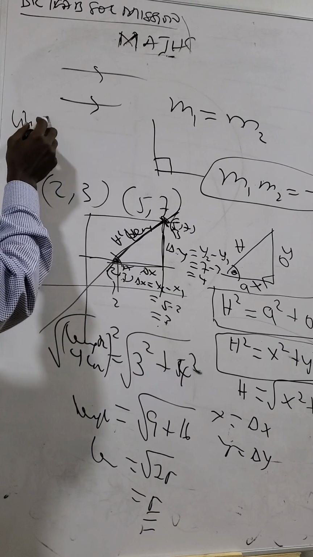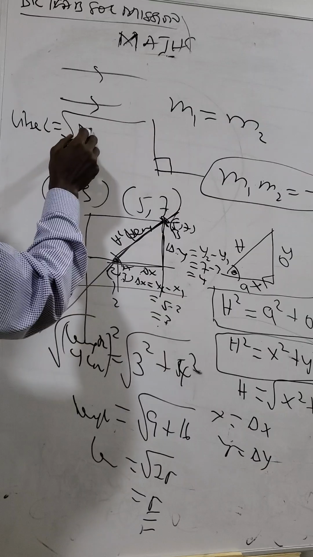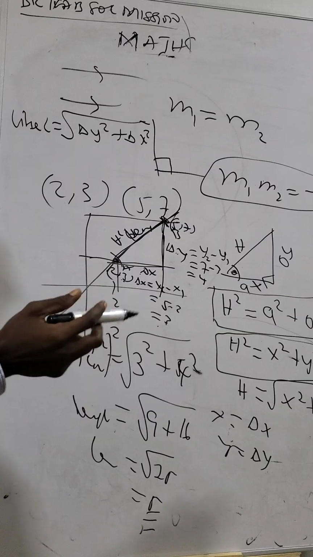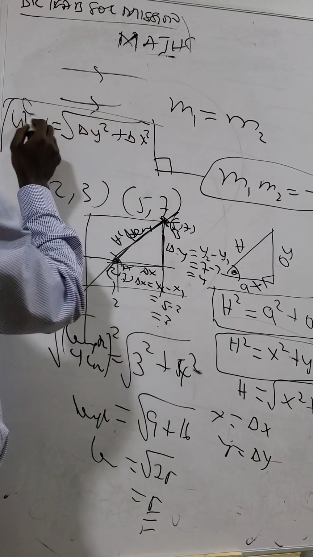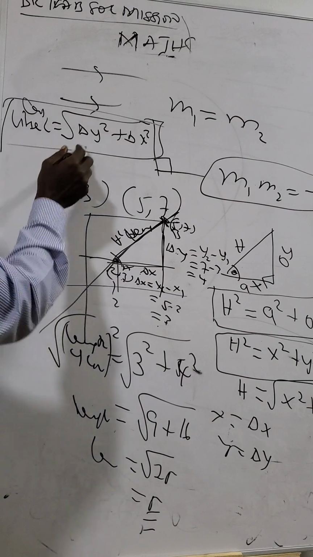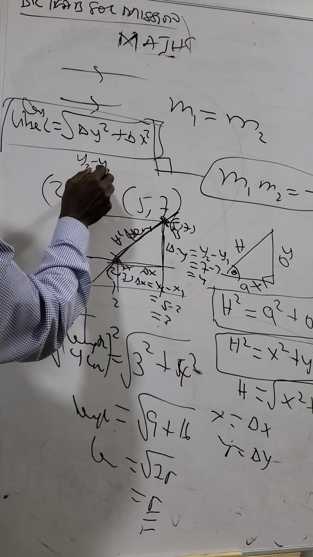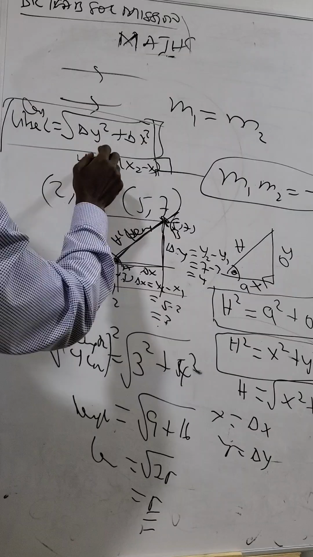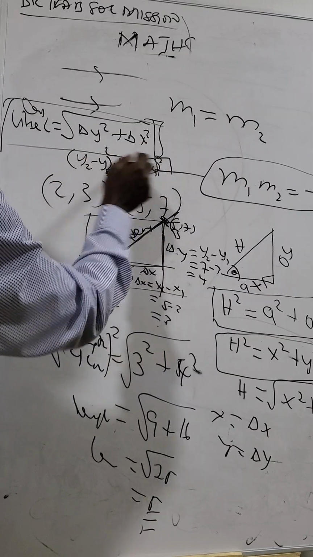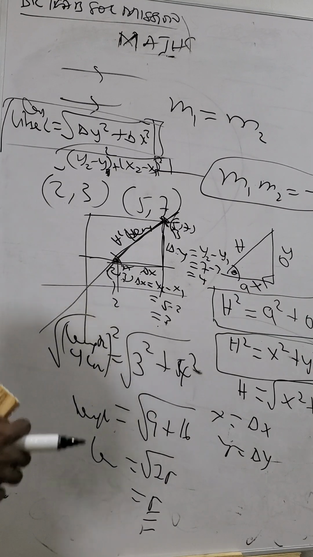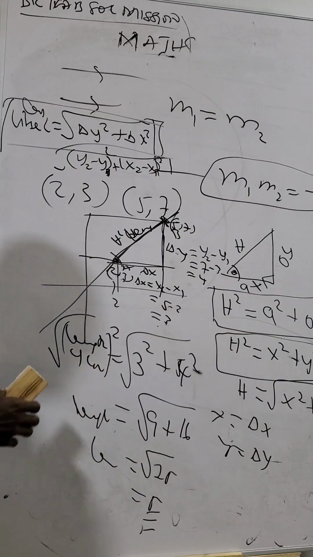The change in y is y2 minus y1, and the change in x is x2 minus x1. These ones are very easy to reduce or come out with a formula. Okay, so that is that.